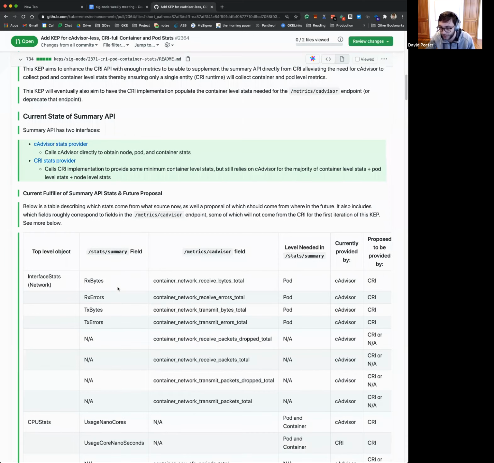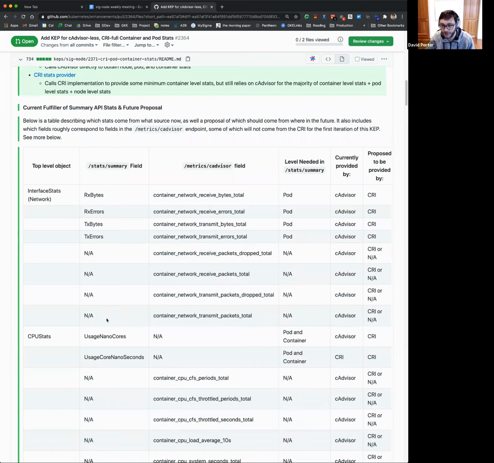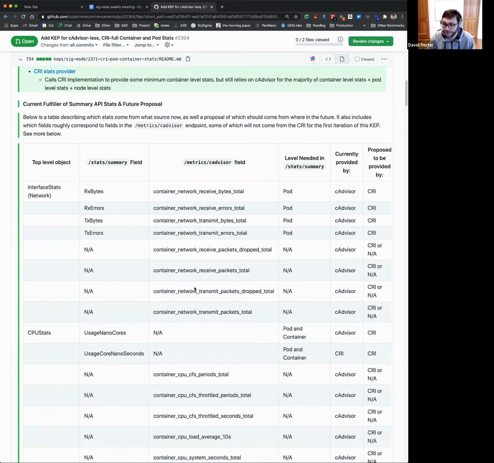Peter did a lot of awesome work here and put together this table that shows each summary field and where it's provided from today, which is cAdvisor for most of it, and then the corresponding metric on the cAdvisor Prometheus endpoint, if there is one. We went through each metric, and for every metric in the summary API that's not present in CRI today, we want to add it to the CRI and eventually have the CRI collect that metric and report it.